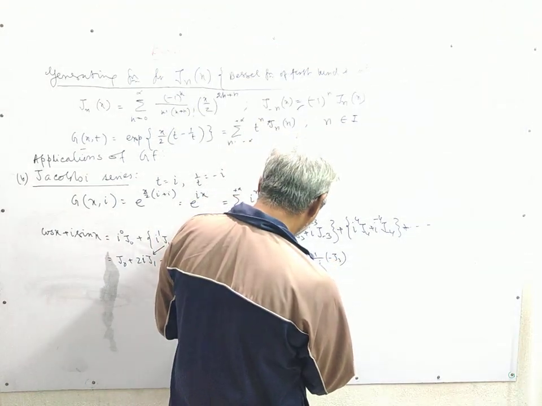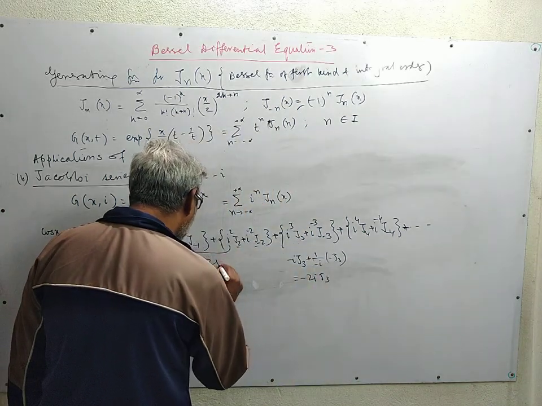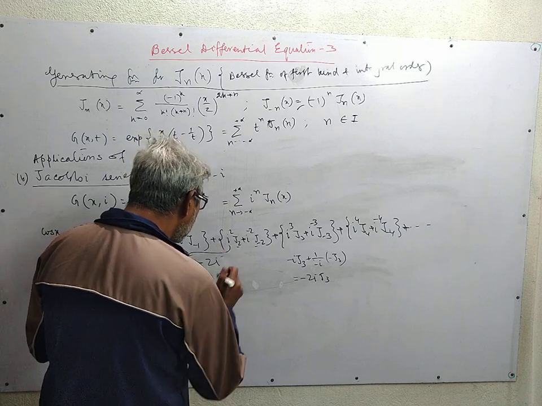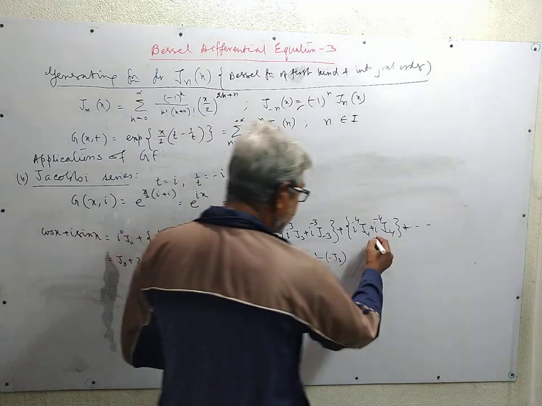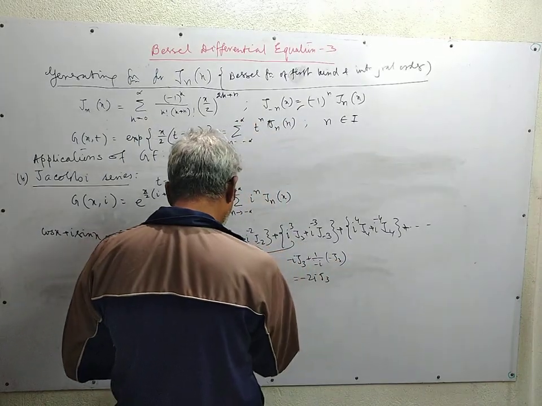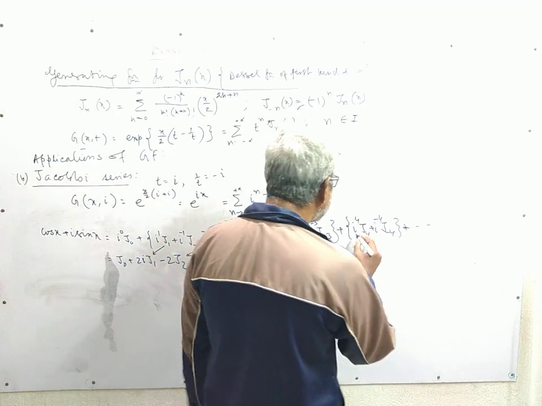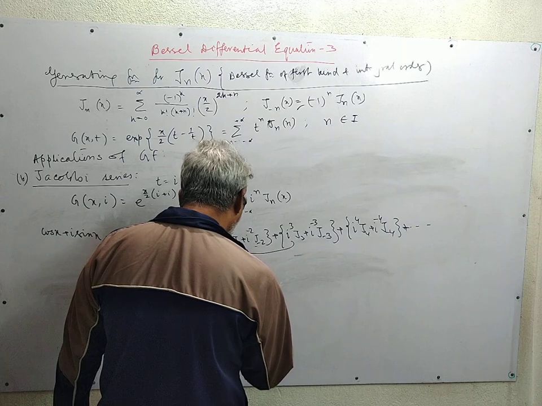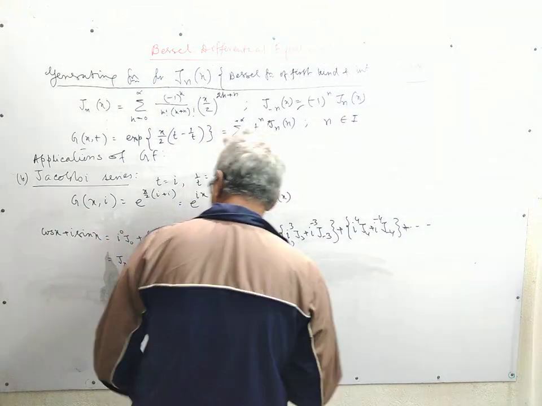So this is minus twice i j3, altogether minus twice i j3. And coming to this term, this is the contribution of this term, and this is a plus and this is also plus, so we have twice j4 and other terms.